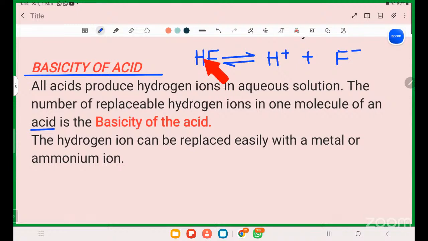The basicity is 1, because it only ionizes to produce one hydrogen ion. So the number of replaceable hydrogen ions in one molecule of an acid is known as the basicity of the acid. Is the definition for basicity of an acid clear?